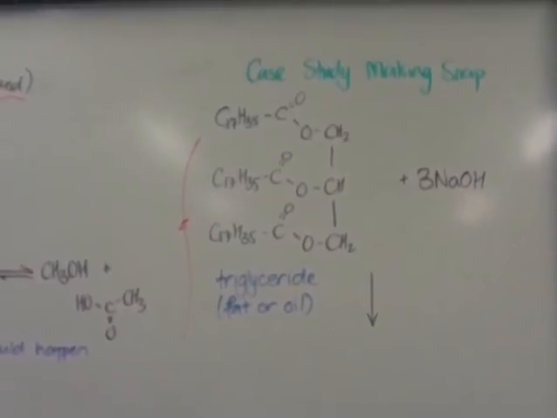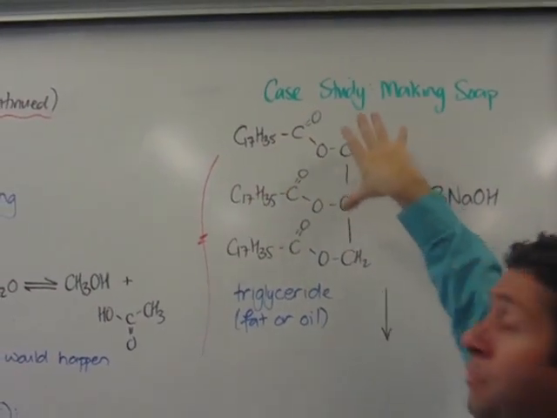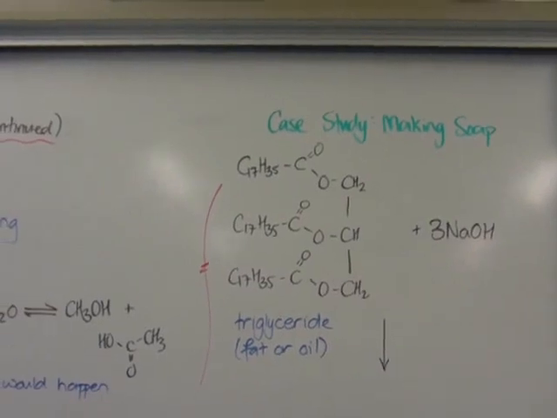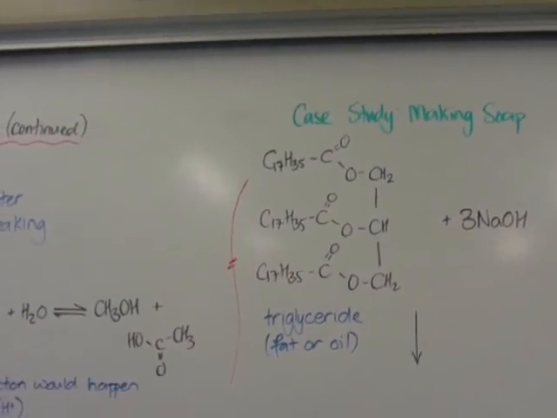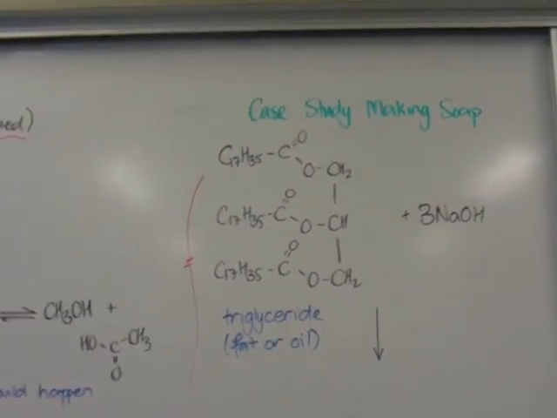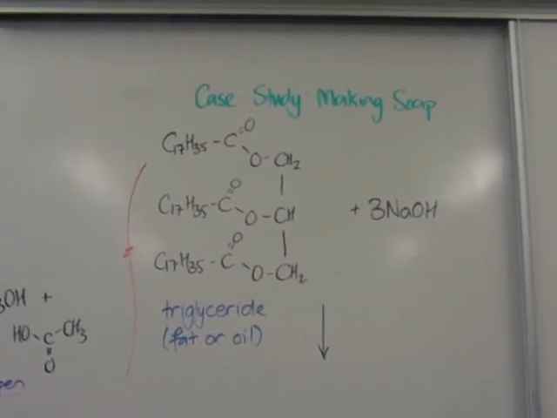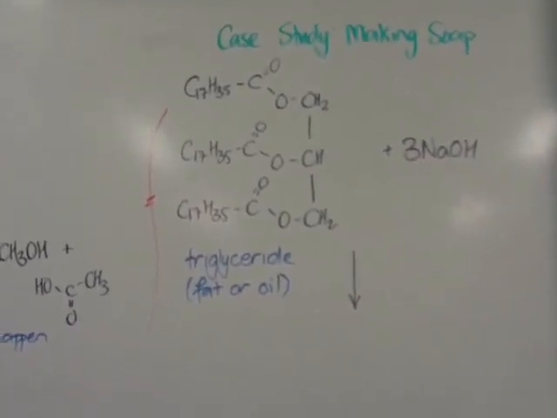That's how you make soap. In biology, we get these really big molecules called fats or oils. They're non-polar esters. They've got 3 ester groups in them, and they're called triglycerides. You do need to know that word, triglyceride. So the sciencey word for fats and oils, triglyceride.